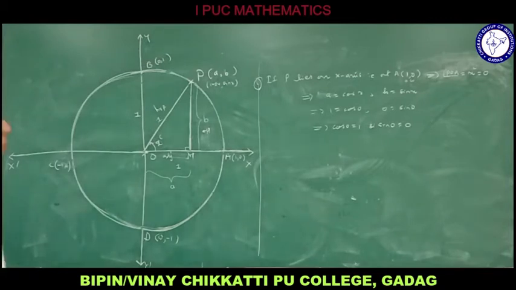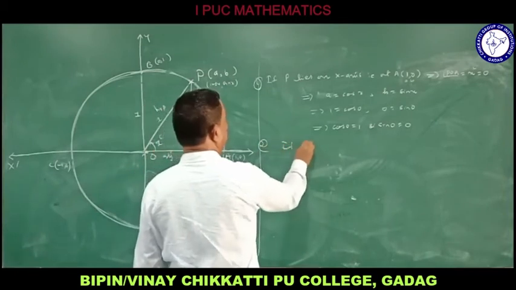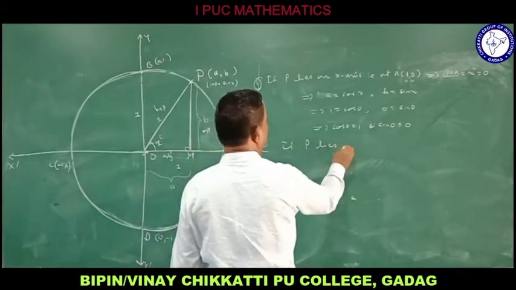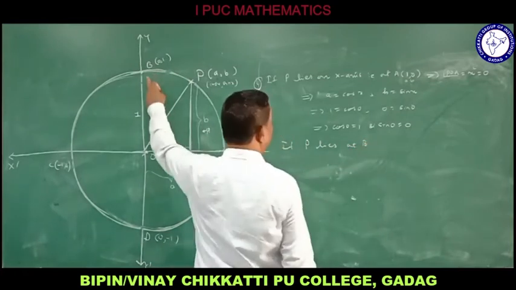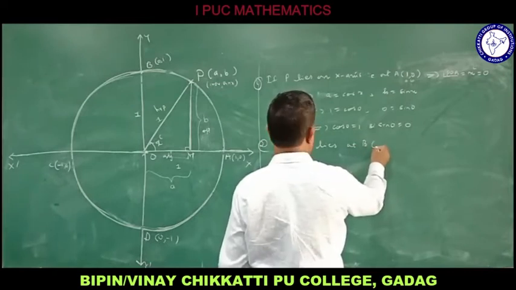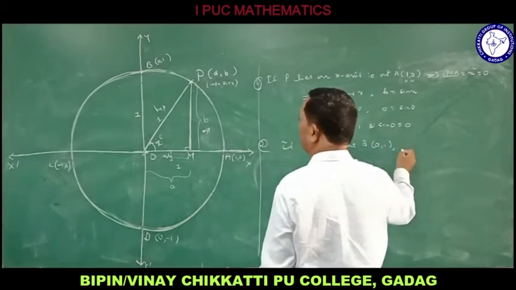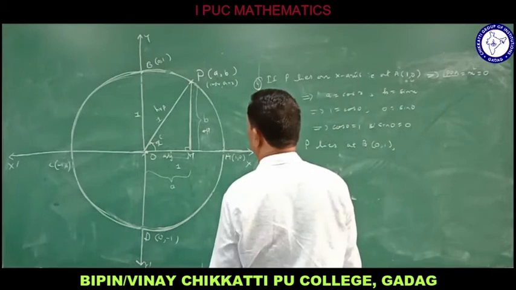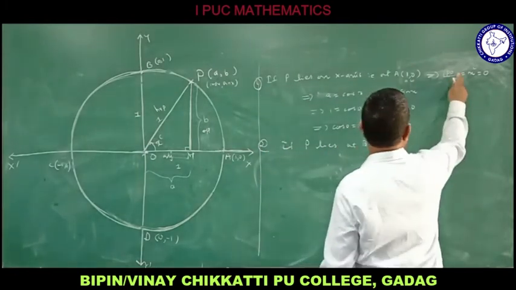Suppose second one I say, if P lies at B, then see that at B, what are the coordinates of B now here? (0, 1). What is the angle here? You have to take the angle POX.